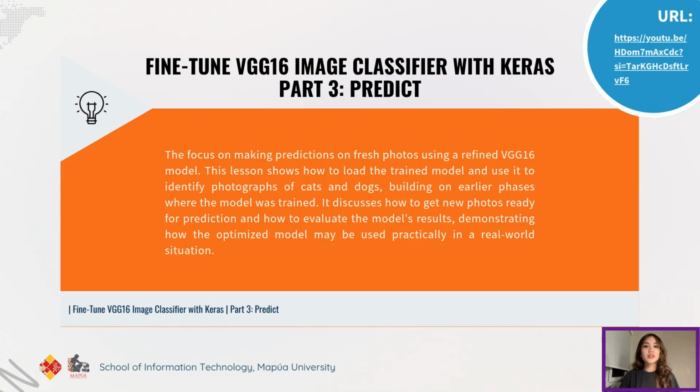The lesson demonstrates how to load the trained model and use it to identify photographs of cats and dogs, building on earlier phases where the model was trained. Key steps covered include getting new photos ready for prediction, evaluating the model's results, and demonstrating how the optimized model can be used practically in a real-world situation.